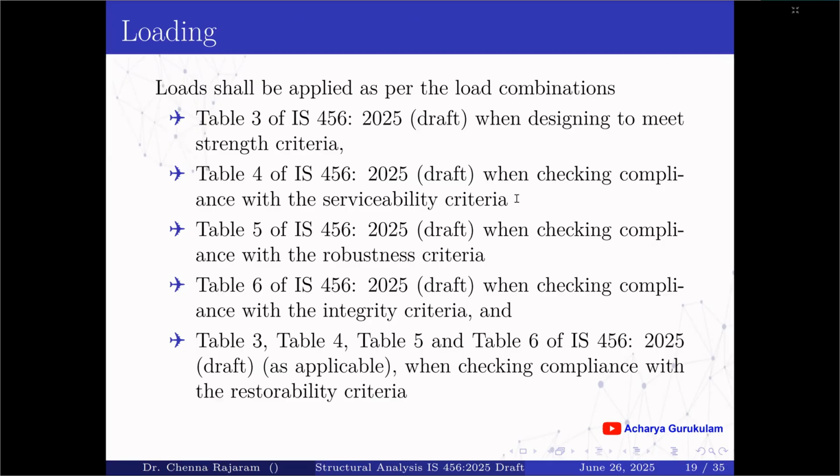Tables 3, 4, 5, and 6 of the IS 456/2025 draft code are applicable when checking compliance with the restorability criteria. These criteria were discussed in the previous video of IS 456/2025 draft.